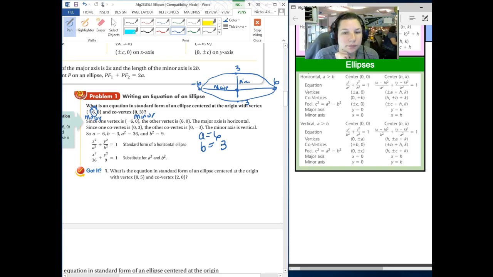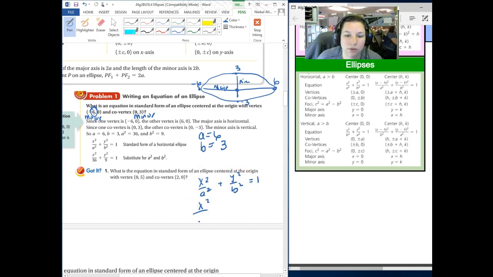What else does it want me to find? It wants me to know the equation, so I just need A and B for the equation. We have x squared over a squared plus y squared over b squared equals 1.